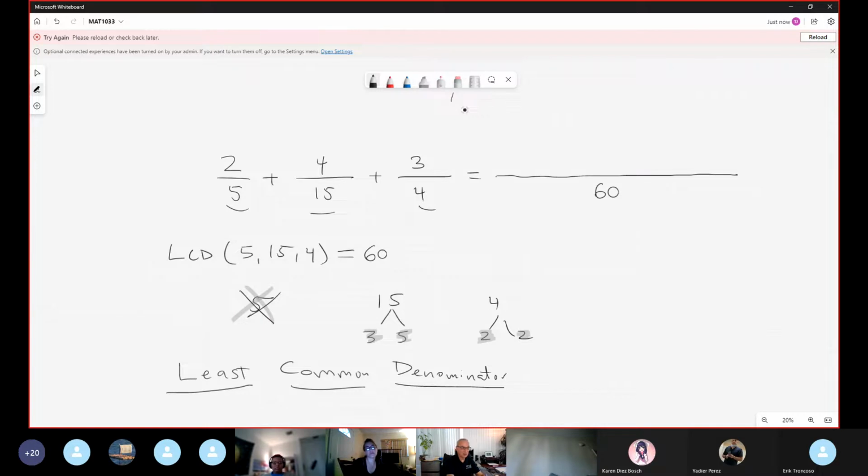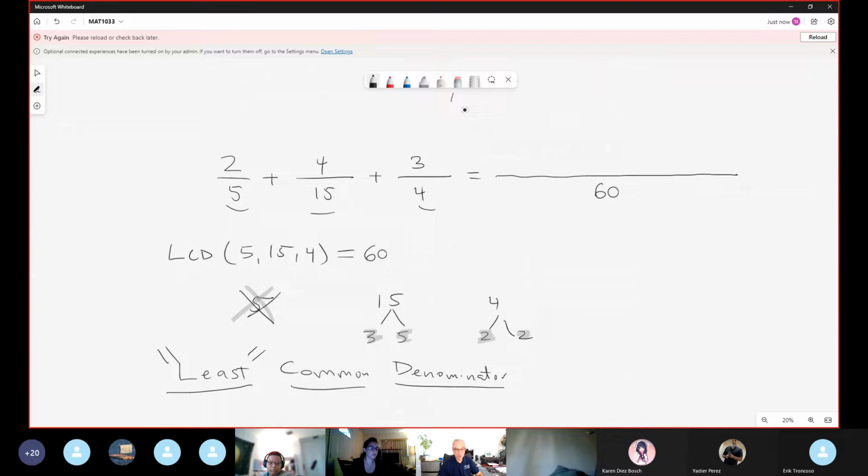Suppose in the previous example, do you remember we have 2, 3 and 1, 3? However, I don't take 3, 3. I take the majority, which is 2. In this case, not necessarily majority, because 5 is the only factor that is repeated. However, 15 contains one 5, so you need to take only one 5 in order to satisfy the word least.